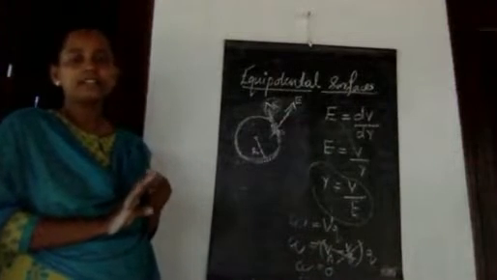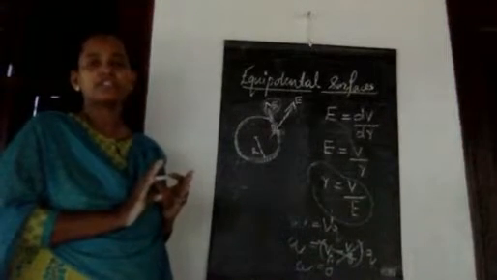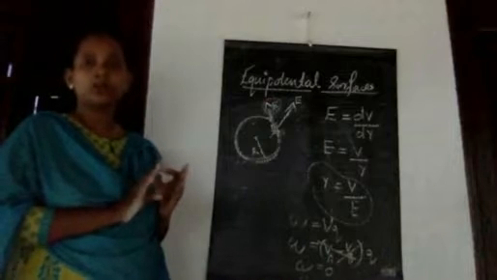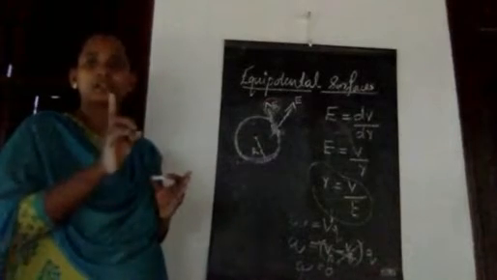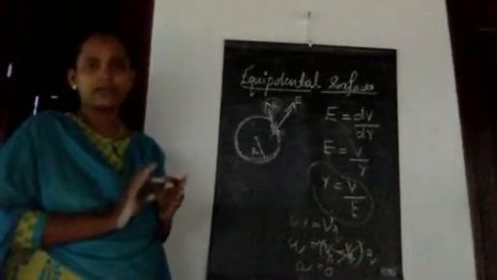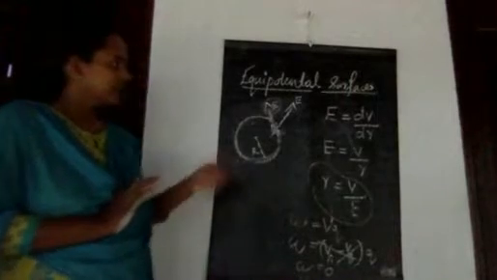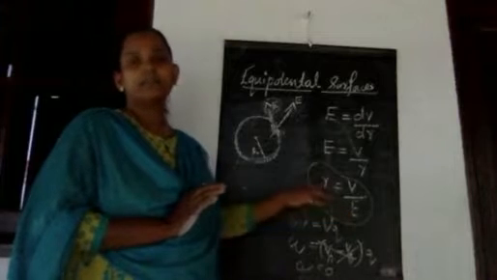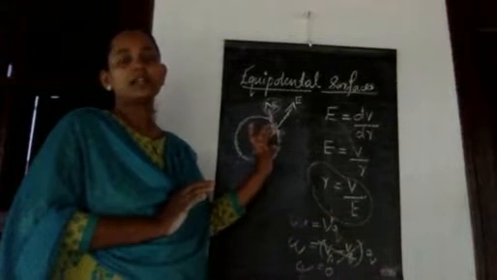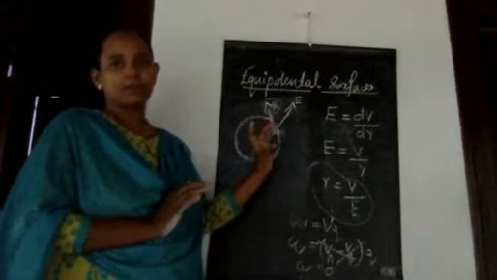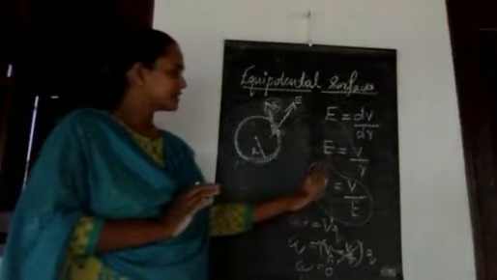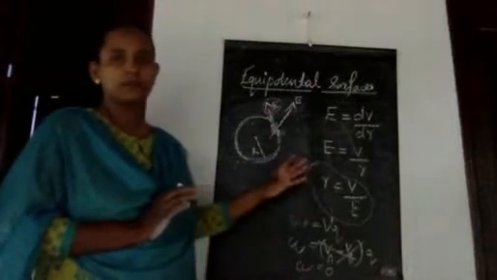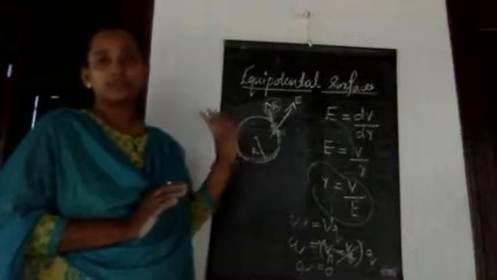The third is that no two equipotential surfaces cross each other; if they cross, at that point there are two values of potential, which is not possible. And the fourth point is, if the electric field is strong, the equipotential surfaces will be relatively close, and if the field is weak, the distance of separation between the equipotential surfaces will be more. That is the fourth point.